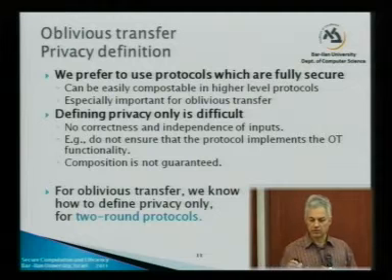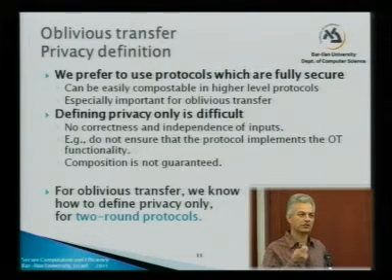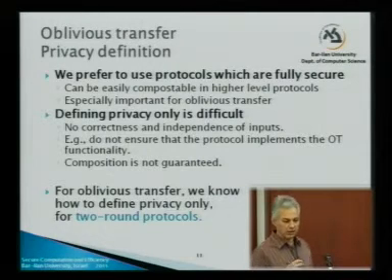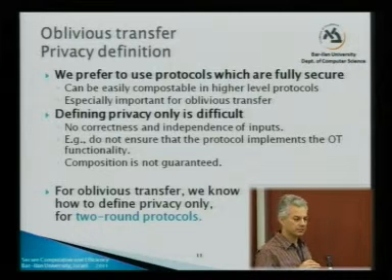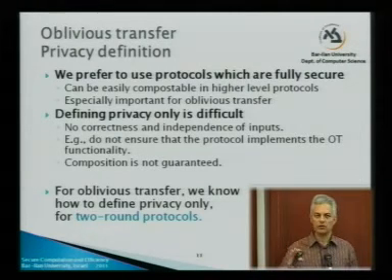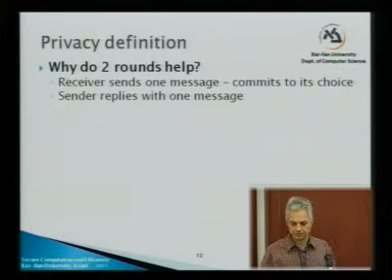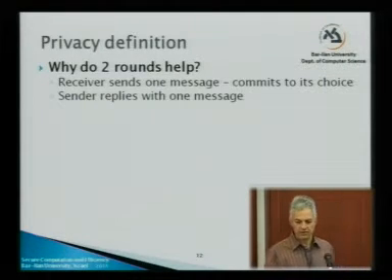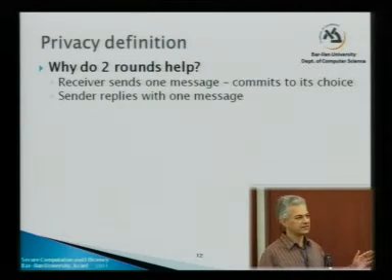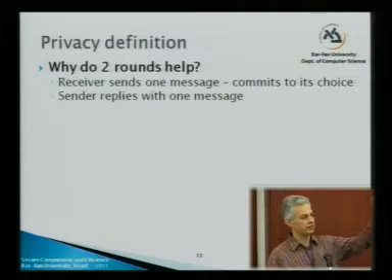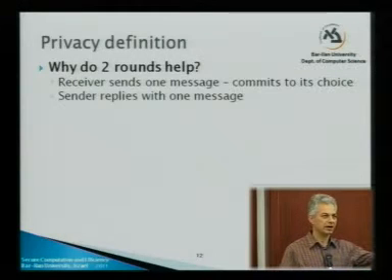However, it's also hard to actually define what privacy means. For oblivious transfer, it's actually possible because the protocol has only two rounds, so the definition is simpler. So why do two rounds help here? Two rounds help because the receiver sends one message and receives an answer.